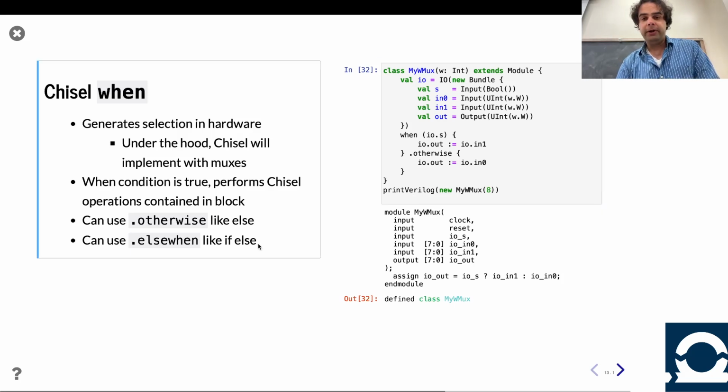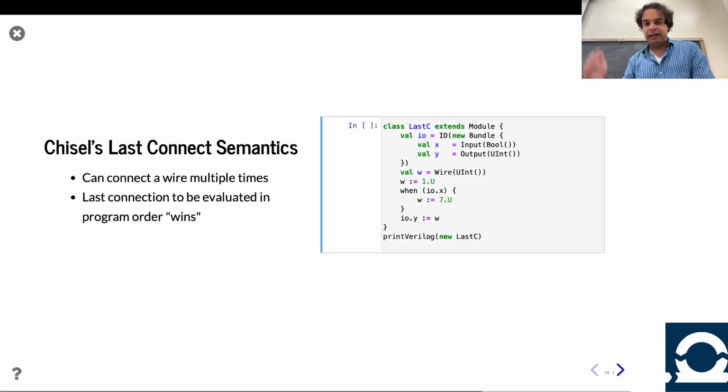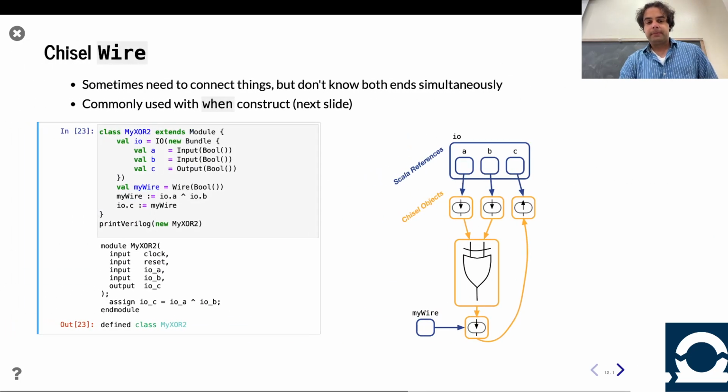Cool. Okay, let's go ahead and now bring that wire back in, right? So this is referred to as last connect semantics, right? So your program's running. We saw the diagram a second ago, and you have connections. And so when you make those connections, maybe I'll go back to that slide first. Understand that even though I have all these things as vals, that's these Scala references.